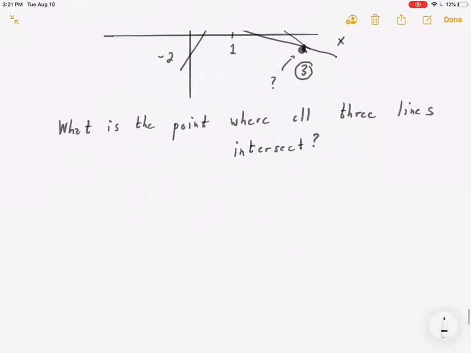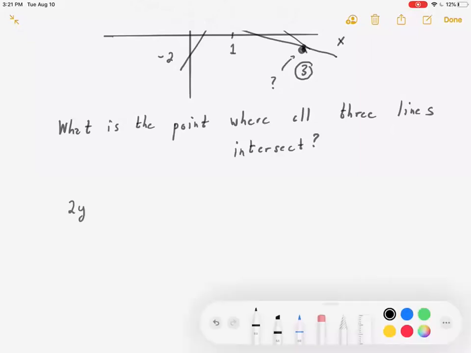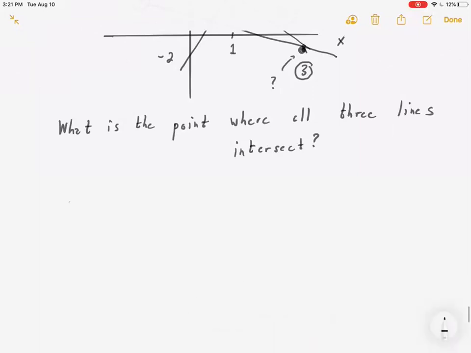Okay, it's pretty straightforward to look at this plot and get that answer. But let's not tackle the problem that way. Let's just look at these 3 equations, which define these 3 lines.